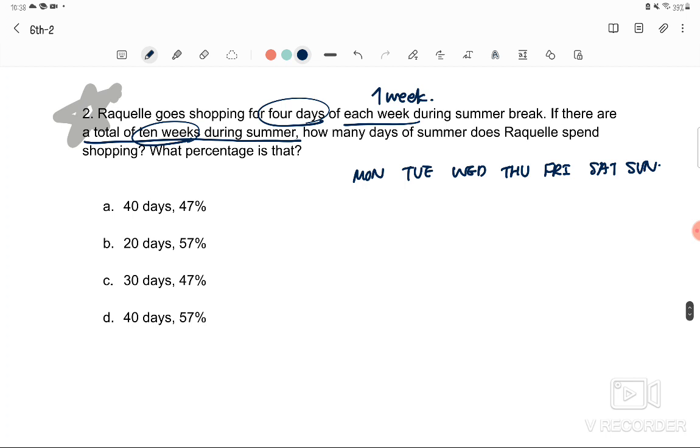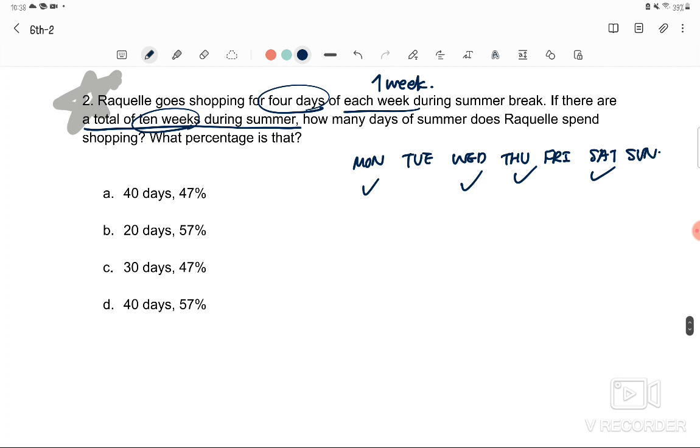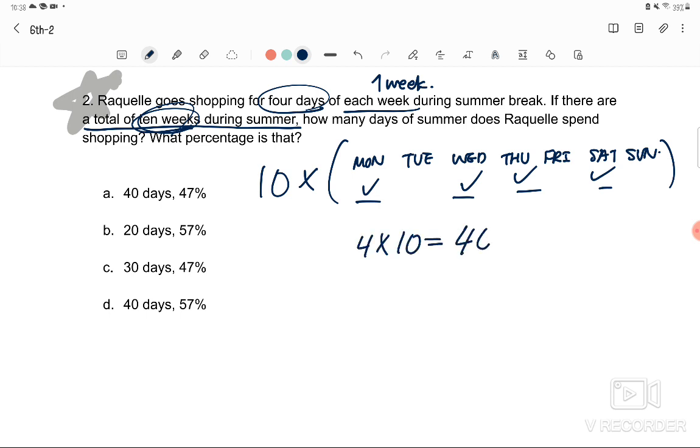So let's say a random set of days: shopping on Monday, Wednesday, Thursday, and Saturday. This is 1 week. But since there are 10 weeks, you have to multiply by 10, right? So the total number of days that she goes shopping is 4 times 10, which equals 40.